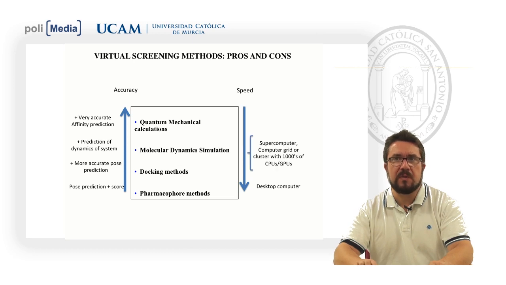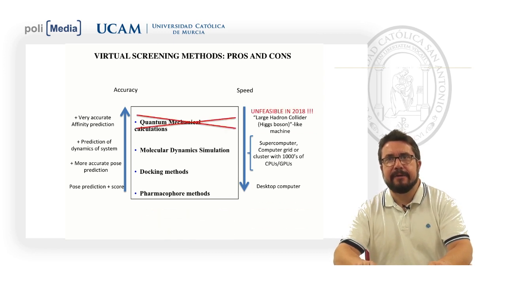They are very cheap. Then molecular dynamics and docking methods require lots of CPUs, GPUs, which means a medium-size or big-size supercomputer, but quantum mechanical calculations are really costly, and even nowadays cannot be applied routinely to the drug discovery process.